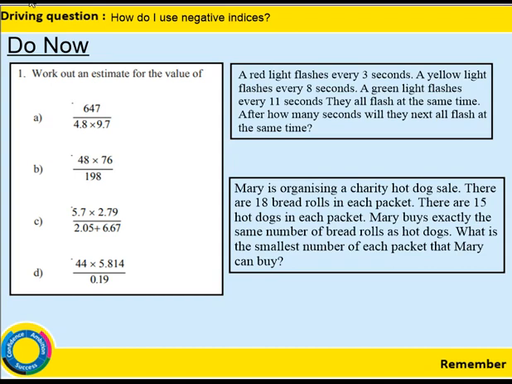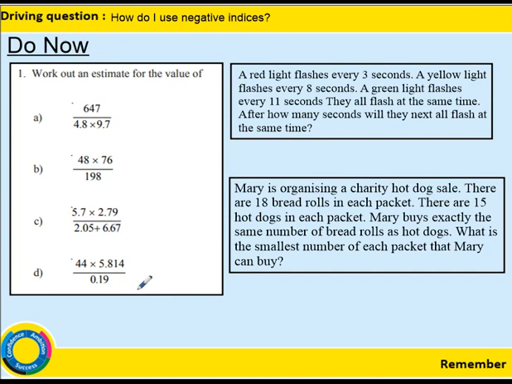For part C, 5.7 rounded to one significant figure is 6, 2.79 rounded to one significant figure is 3, and 2 plus 7, that gives me 9 over 9, and 9 divided by 9 is 1.